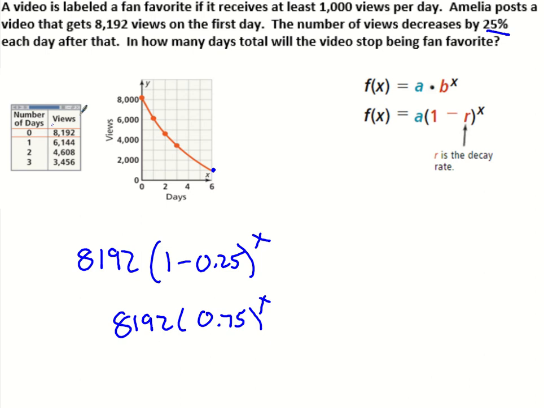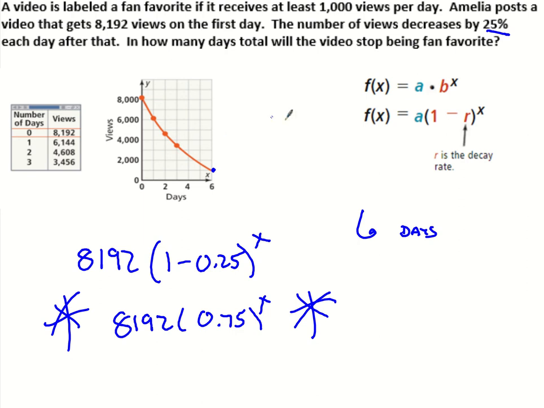After 0 days we're at 8,192. After 1 day we're at 6,100, and we would plug our values into a calculator to figure these out. Then 4,600, 3,400, and then we would be down below that. So for this one the answer is 6 days, but the process and writing the function is what we're focused on right now.